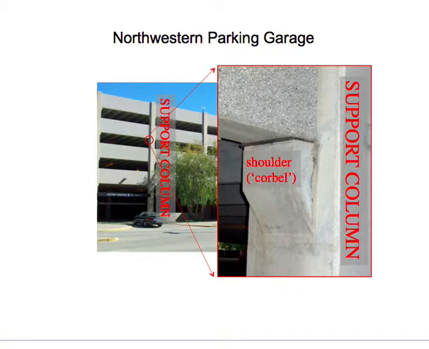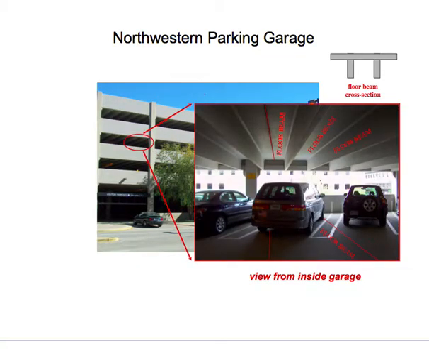The things that provide support for the support beams themselves are the vertical columns. These vertical columns provide support to the support beams through a shoulder, or what's called the corbel. The support beams themselves actually carry the load of what are called the floor beams. And what we see here in this picture is an inside view of the parking garage, the underneath side of the support beams from the floor above, the top side of the floor beams from the floor that's visible here.